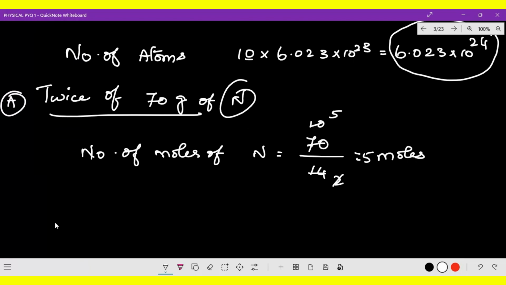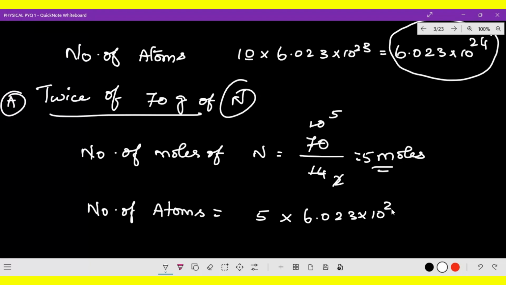Now the number of atoms we have to identify. Number of atoms equals number of moles into Avogadro number. The number of moles is 5, so 5 into 6.023 into 10 to the power of 23.